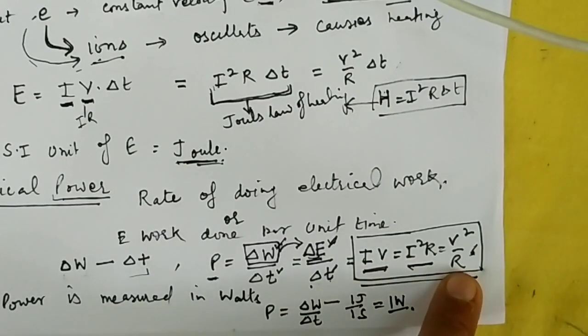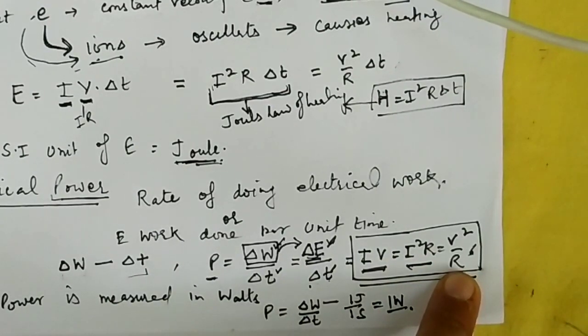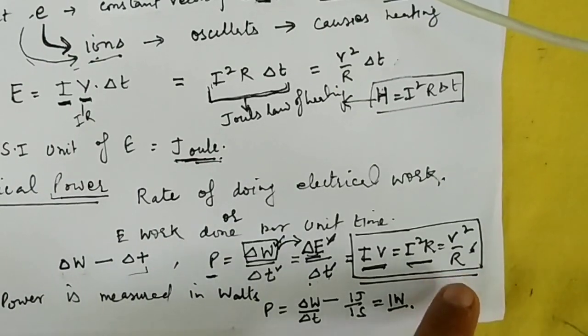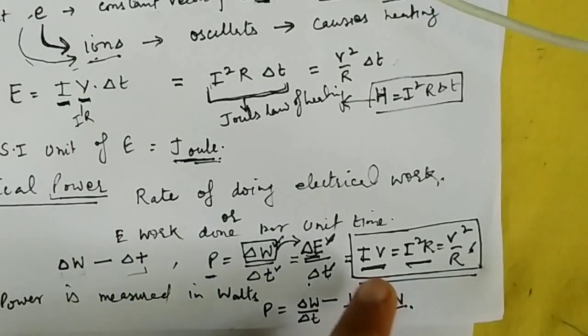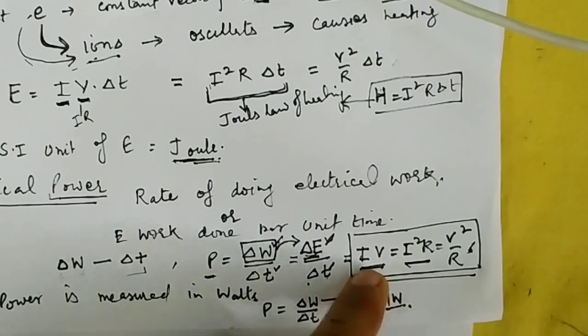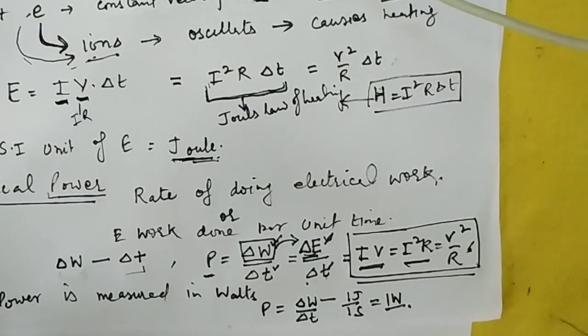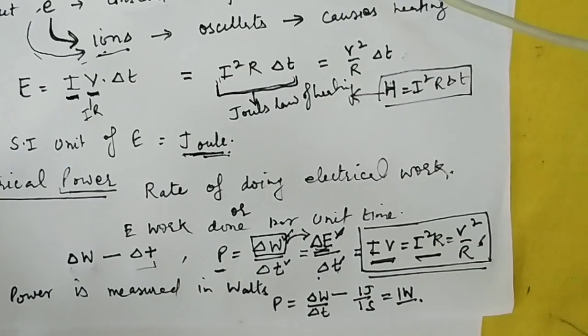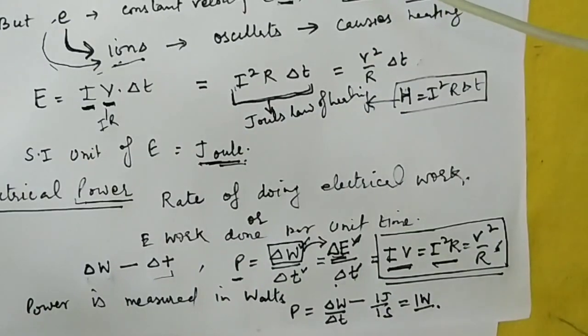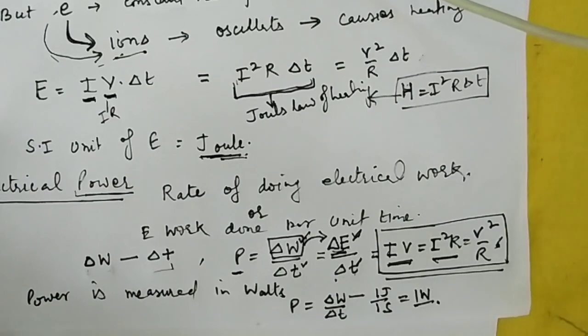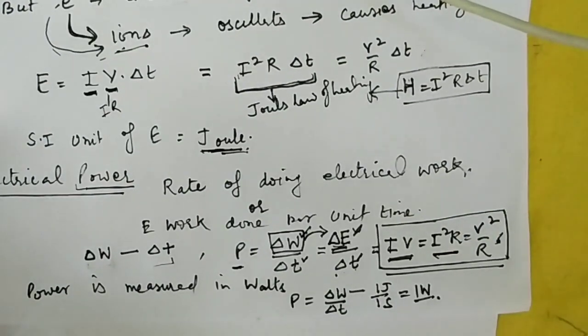If potential is given constant, you will use this formula. And if resistance is not given, then we use this formula. So according to the problem, we will use the three formulas. So this energy dissipation, or energy generated per second, is known as electrical power.